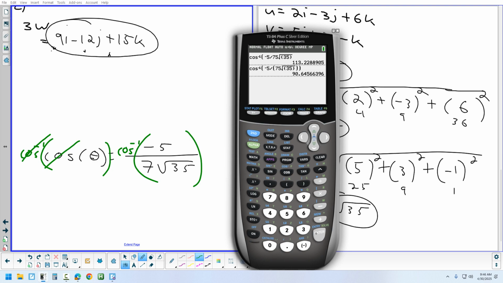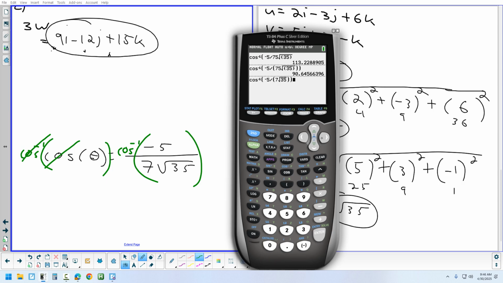So let's plug in ours and do it in parentheses the correct way. So I have -5. I think the calculator, or maybe I did that, put an extra parenthesis around the 35. You could keep that there, but you don't need that. What I've typed in right there, that's perfect.